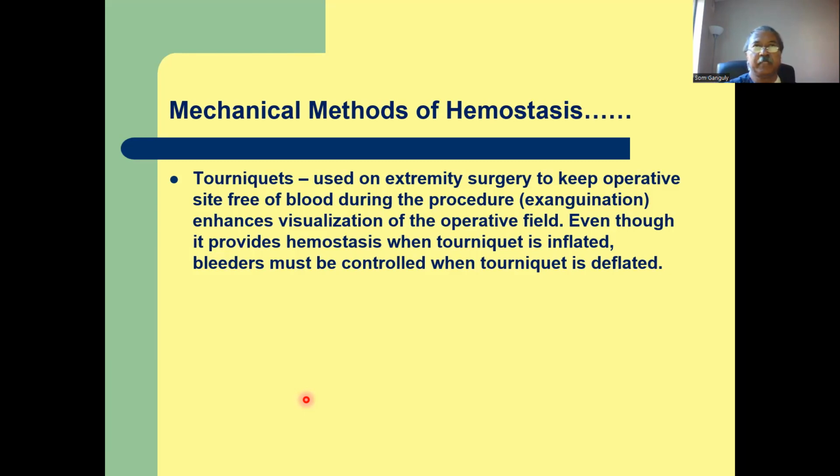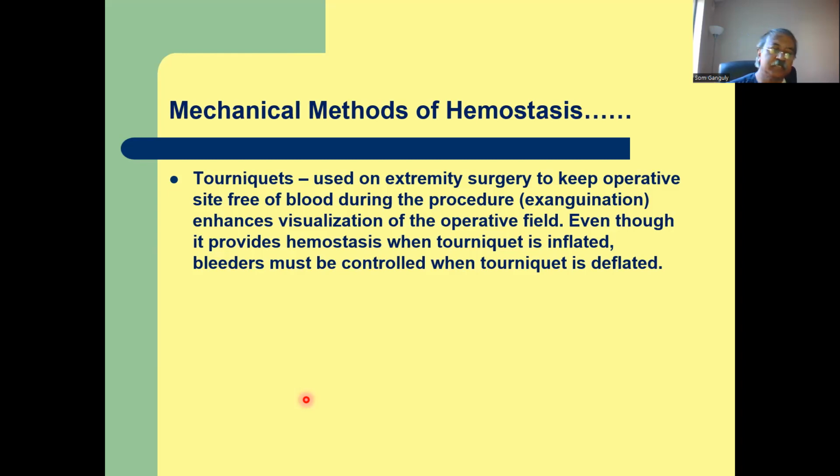For example, if they're doing carpal tunnel surgery, the surgeon may decide, okay, we're going to use a tourniquet, and we will exsanguinate or squeeze the blood out of that hand to get a bloodless field to work during the carpal tunnel surgery.